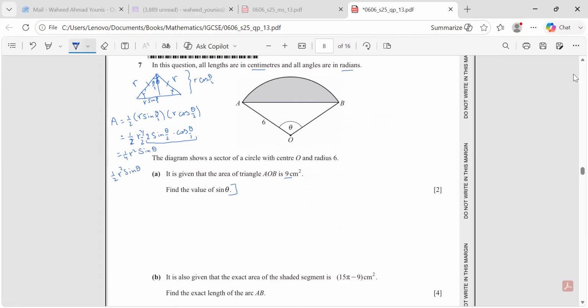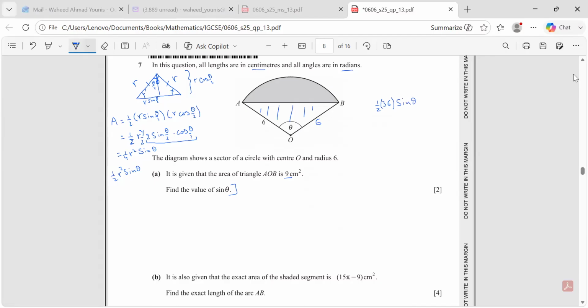We have the same situation here. This side is 6 and this side is also 6, because this is the radius of the same circle. This angle is theta. So the area of this triangle is going to be half r square, which means 36, into sine of theta.